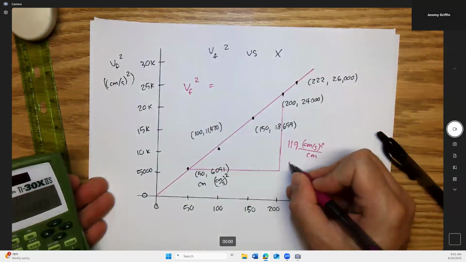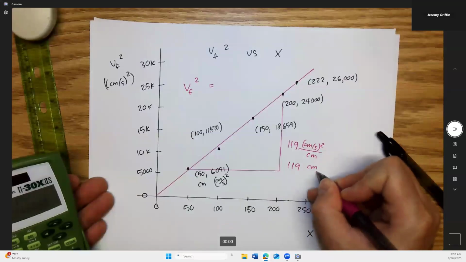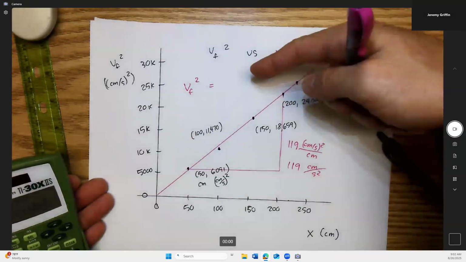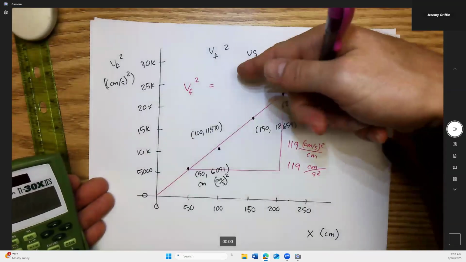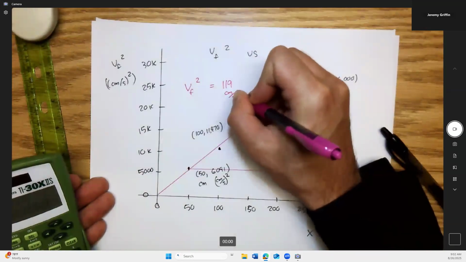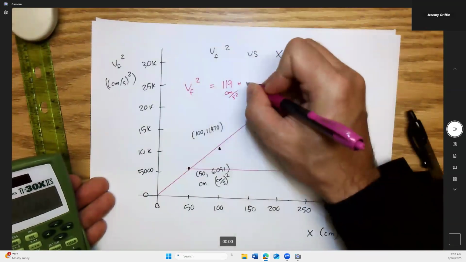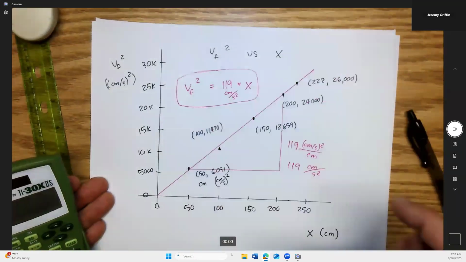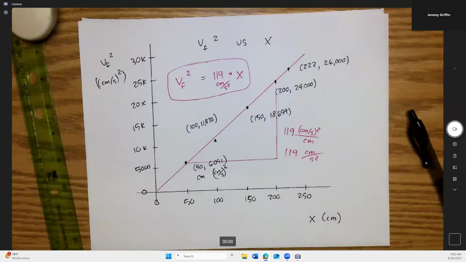Or I could just call that very simply centimeters per second squared. Same thing, right? And that's how you can complete this equation. So 119, centimeters per second squared is the unit, then times x, where x would be in centimeters. And that right there will describe how fast the car is moving after some distance interval.